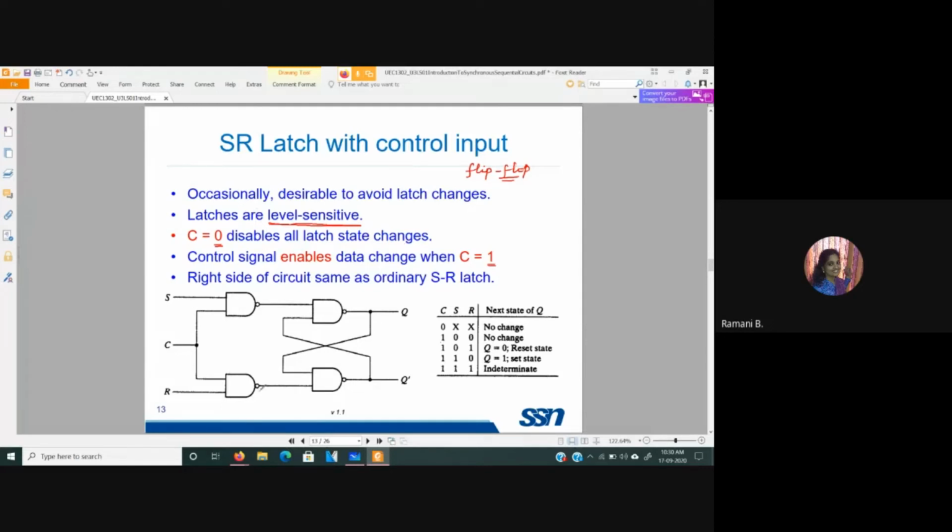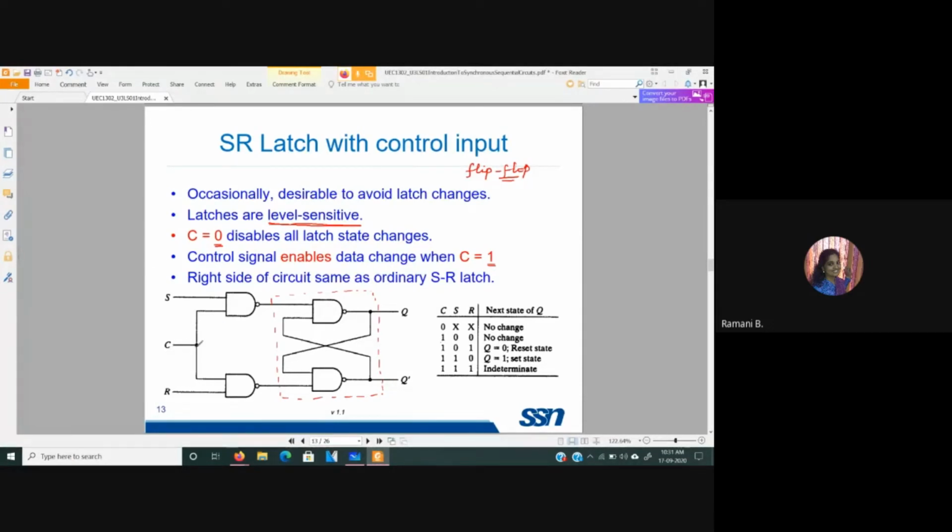So here for this particular circuit, if this C is equal to 0, the latch functionality is disabled, and when C is equal to 1, the circuit functions as the latch. So this part of the circuit is just the same as that of your SR latch that we saw. The cross coupled structure is just similar to what we saw just now.